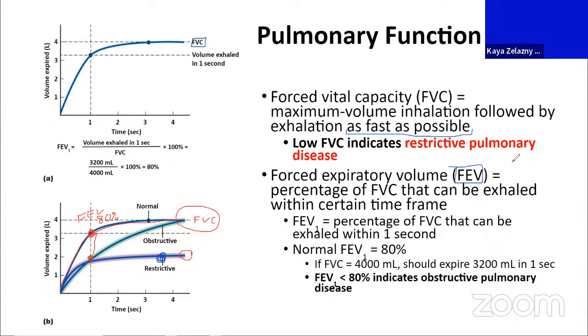Maybe not quite that high, but we wouldn't see the same impacts on the speed of exhalation. Our effects for compliance in those restrictive diseases are on the total amount, whereas in our obstructive diseases, it's how long it takes you to breathe that air. So those are our two big markers for these two types of diseases.